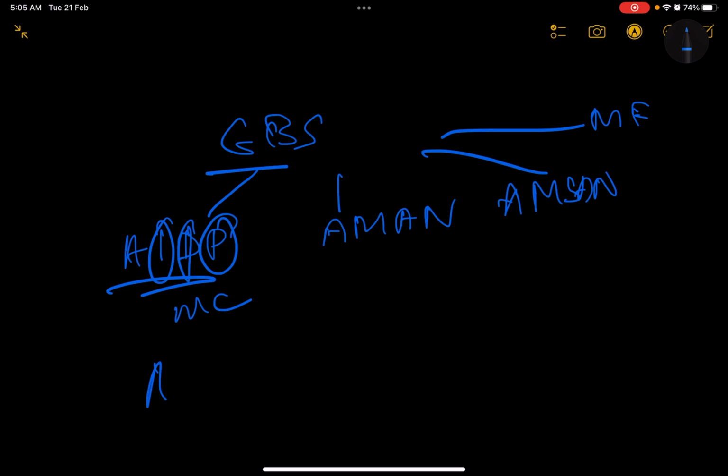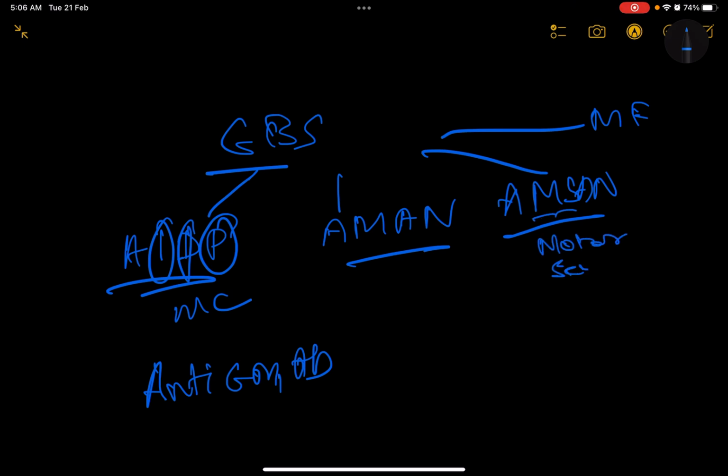It is with anti-GM1 antibody in case. And then we have the AMAN, that's the acute motor axonal neuropathy. Then we have the acute motor and sensory axonal neuropathy.